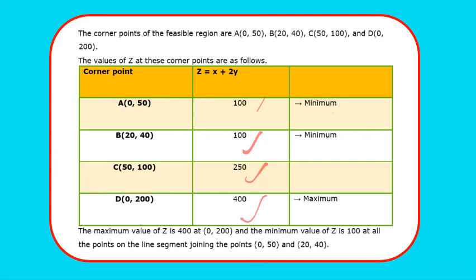So we have two minimums and the maximum is 400. So the maximum value of z is 400 at (0, 200), and the minimum value of z is 100 at point A and point B, that is (0, 50) and (20, 40). Clear? So pause and note down the solution.